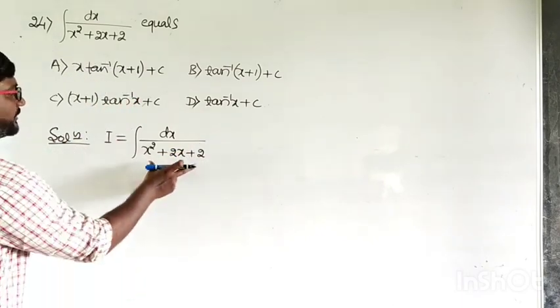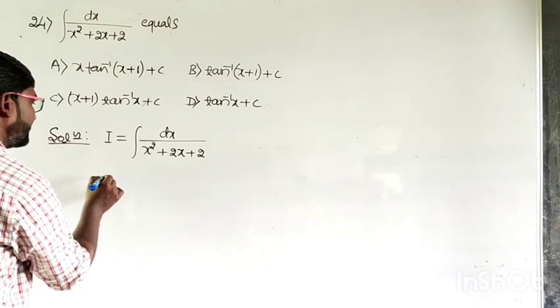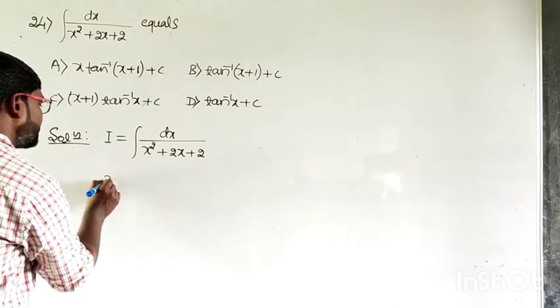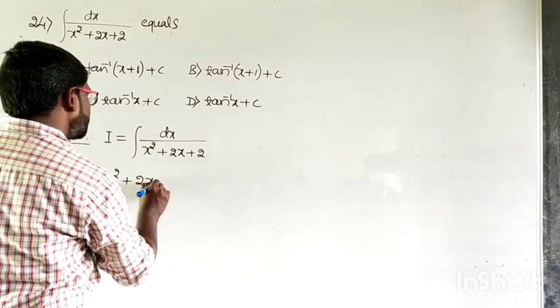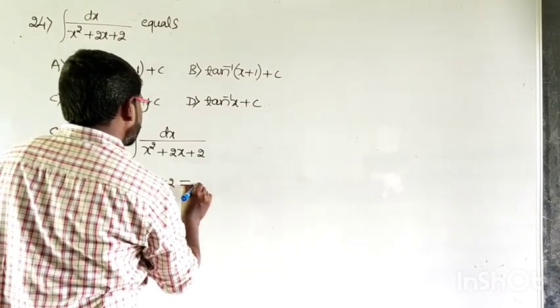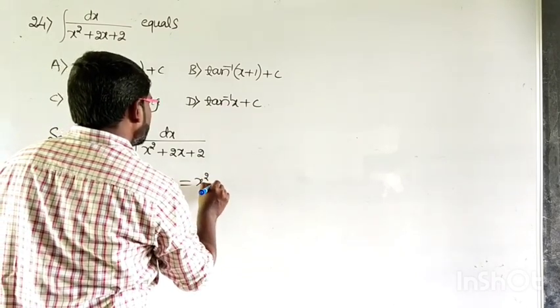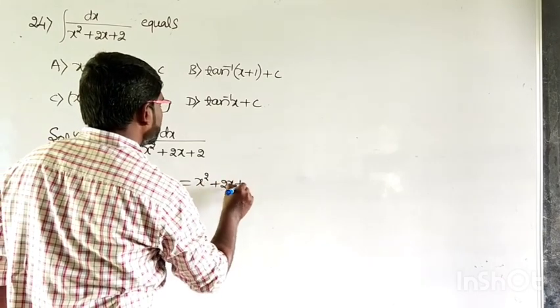So now we have to take only the quadratic polynomial. So x square plus 2x plus 2.